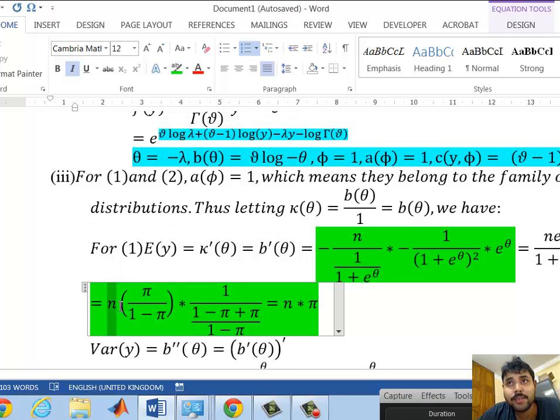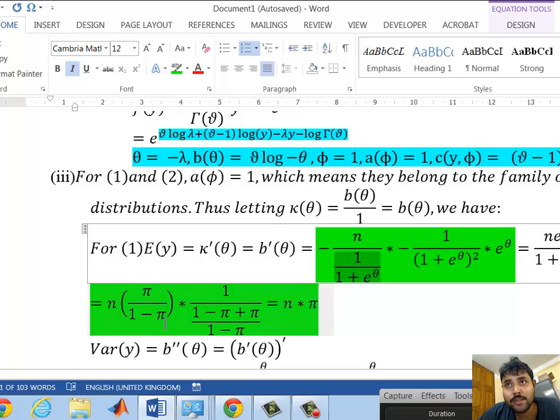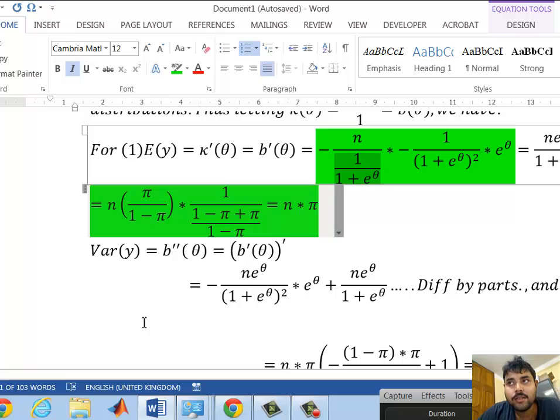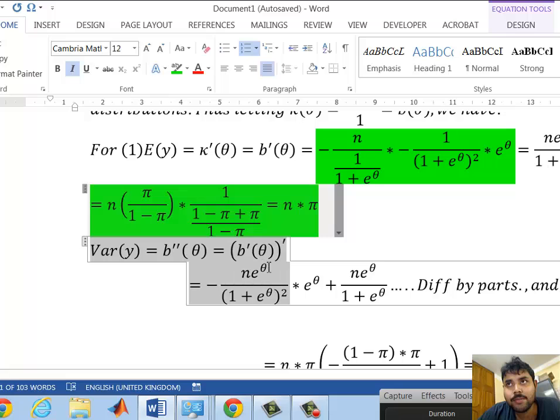We get this part, the denominator rolls back to the numerator like this, and you have this part, which simplifies to n into pi, which we know otherwise as well. Now the variance is b double prime theta.